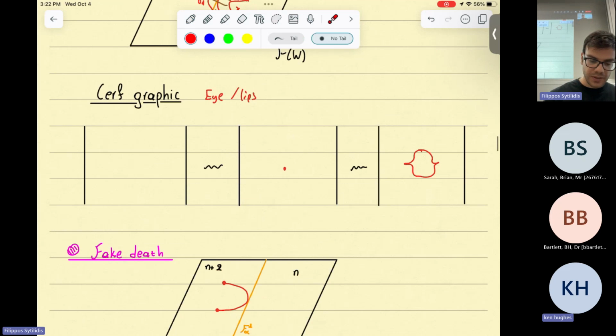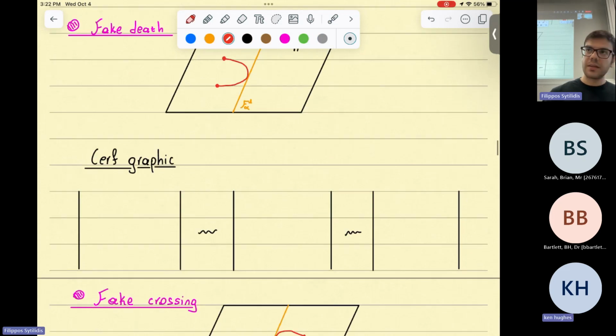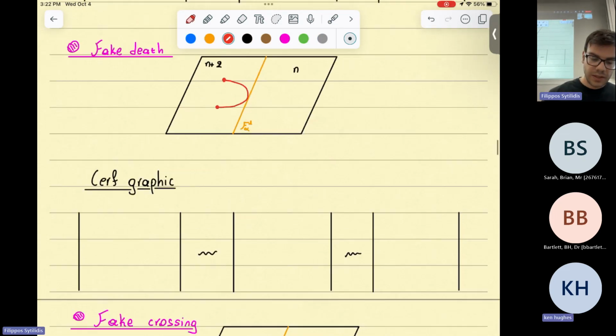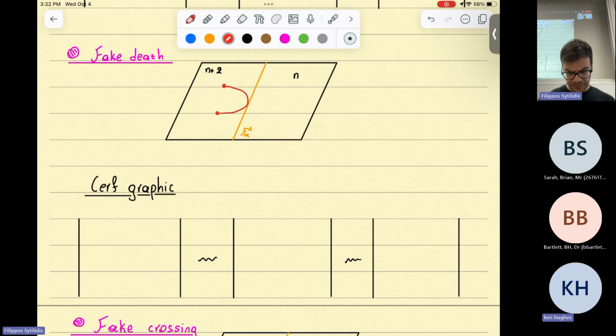Likewise, we have a fake depth. If I do this on the other side, I may have a fake depth where again the surf graphic for the depth would be two fold lines, and then after the fake depth, I would actually have death and birth.